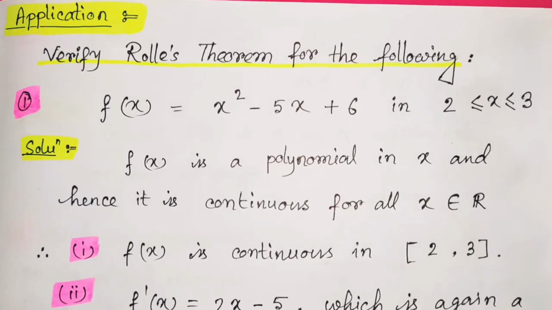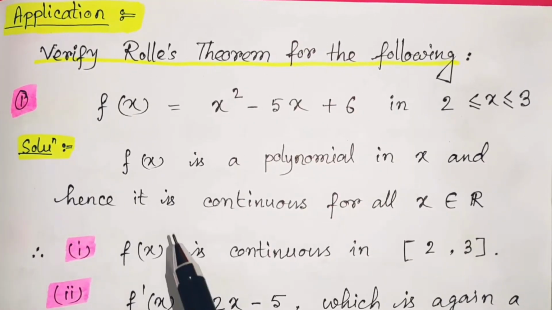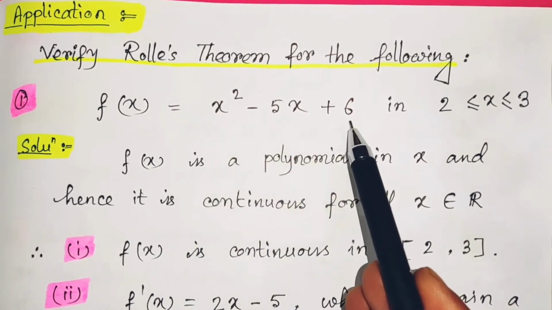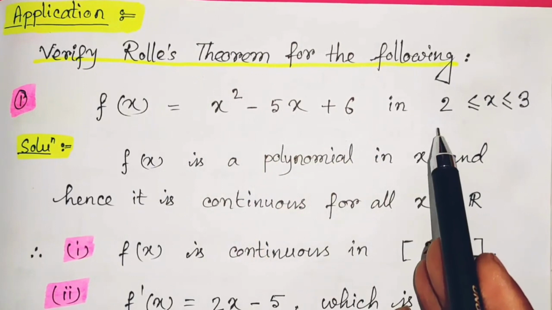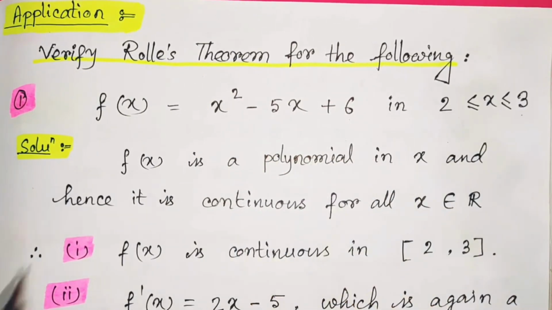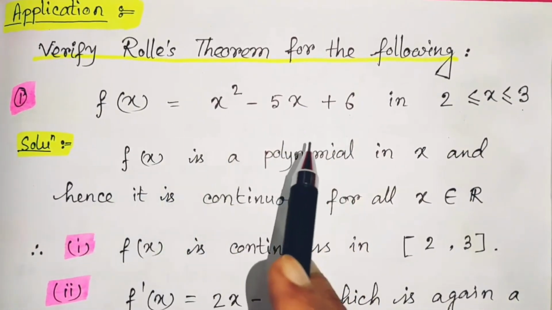Anyways, let us do some examples for Rolle's theorem. The first example is f(x) = x² − 5x + 6, a given function within the closed interval [2, 3]. We are supposed to verify whether Rolle's theorem is applicable for this function or not.